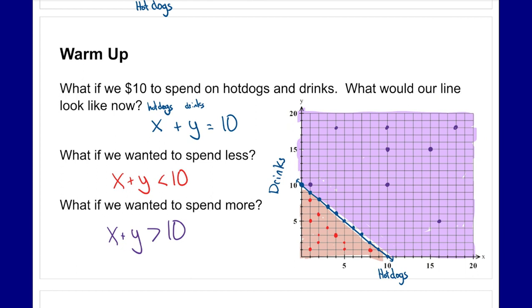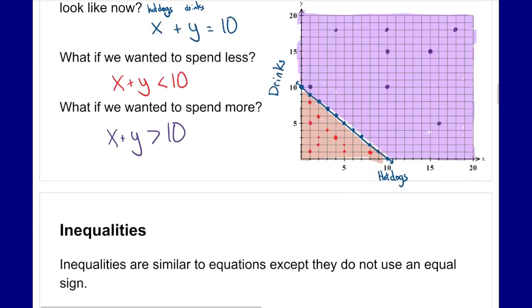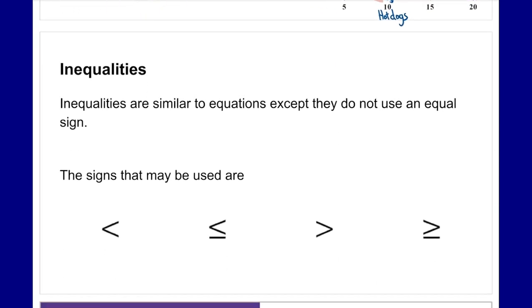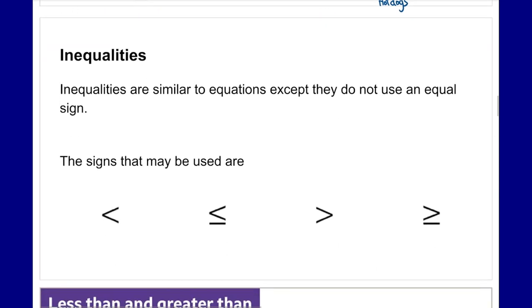So this idea, specifically these last two here, are what we call inequalities. Now, inequalities are similar to equations, except they do not use an equal sign. And the signs that may be used we see here. Usually we read them left to right. So this would mean that the left value is less than the right value.